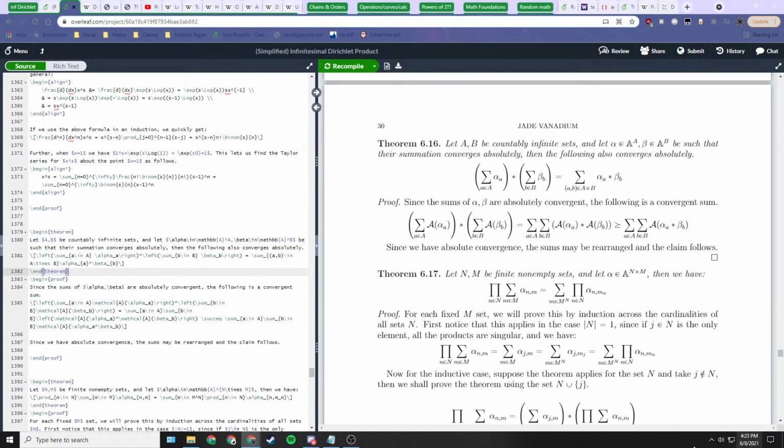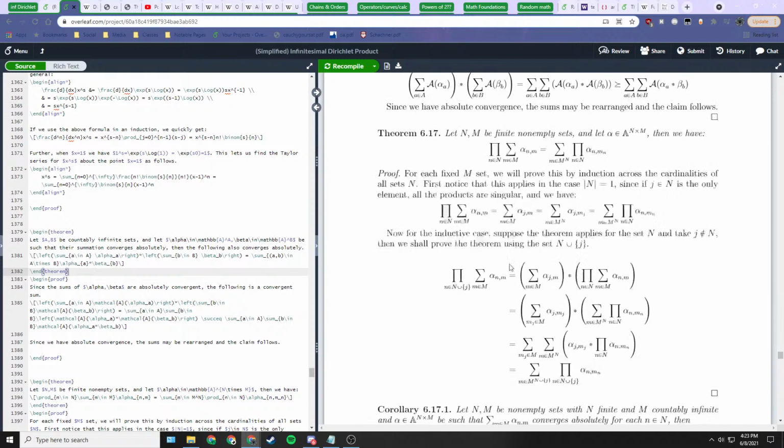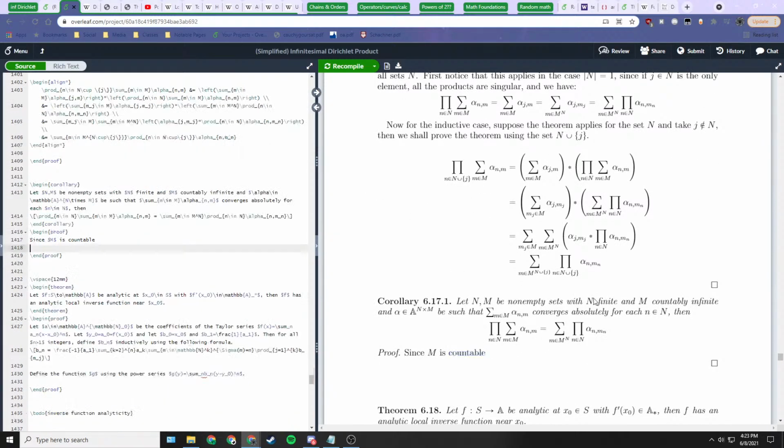Okay, so we have the same theorem, except we have countably infinite, and each of these summations converge absolutely.